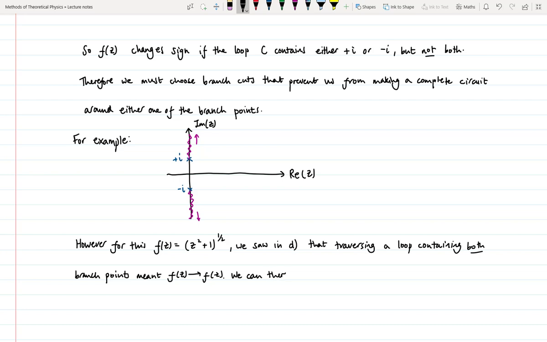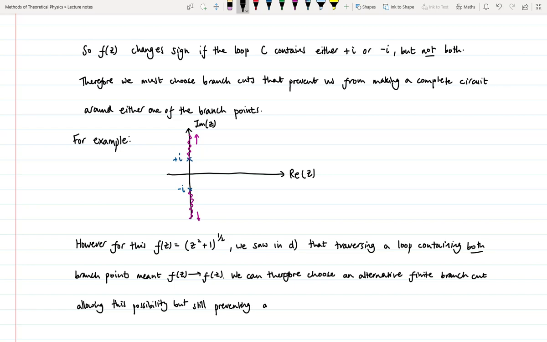We can therefore choose an alternative finite branch cut, allowing a circuit that encloses both branch points, but still preventing a complete loop about just one branch point. What does that look like?